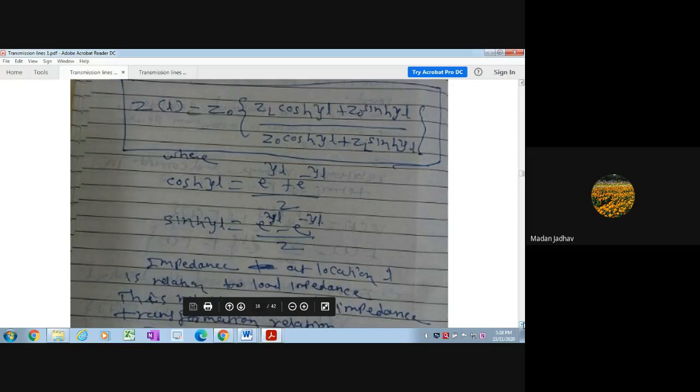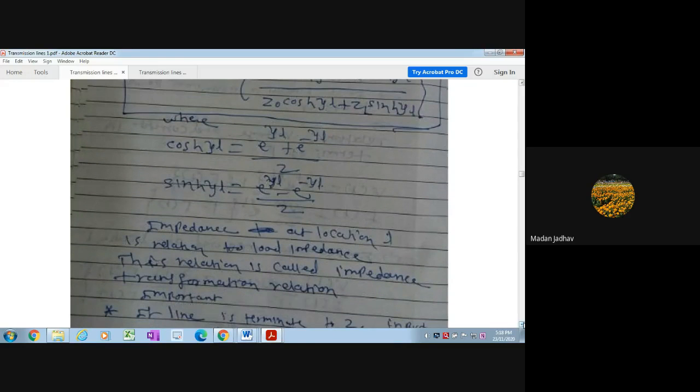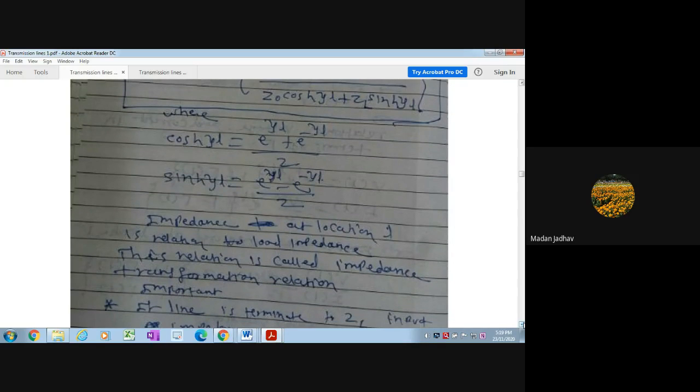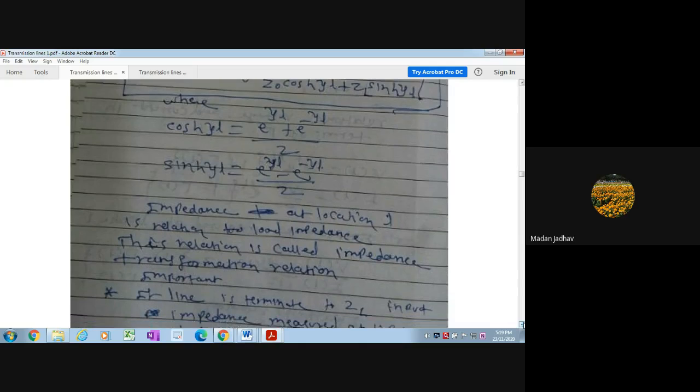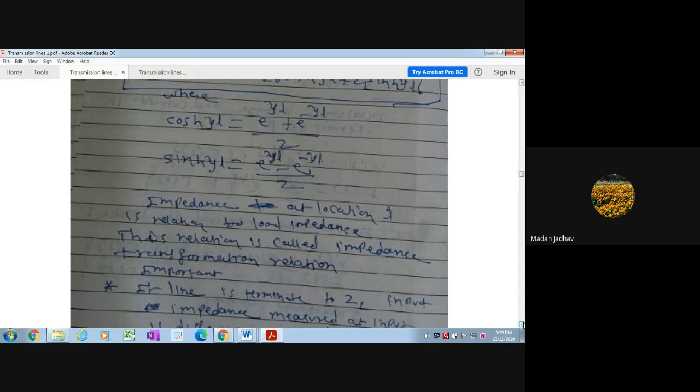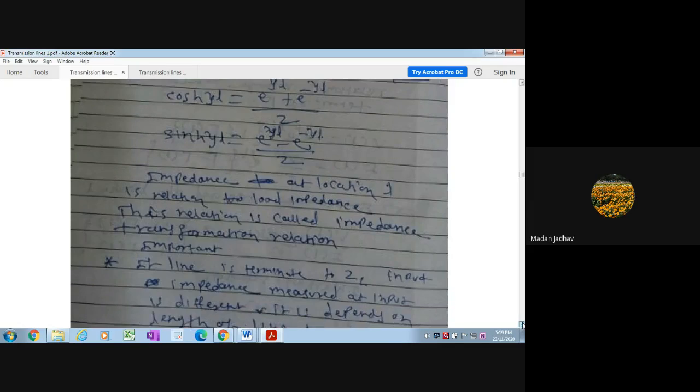The impedance at location L is related to the load impedance. When we are finding the impedance at any location, there is some relation with the load impedance. From this equation we can understand. This relation is called the impedance transformation relation.